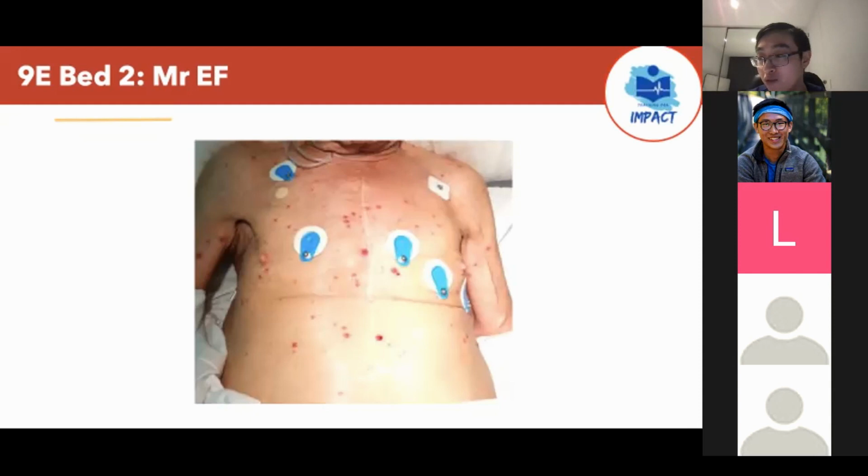Yeah, VZV is certainly something that you need to think about. I think what's relevant is that this patient reports having had chickenpox as a child, although he denied any history of shingles later in life, and he denies having had either the chickenpox or the shingles vaccine.